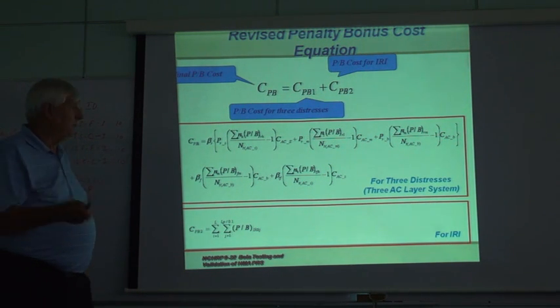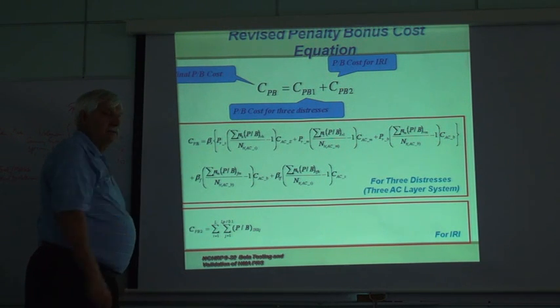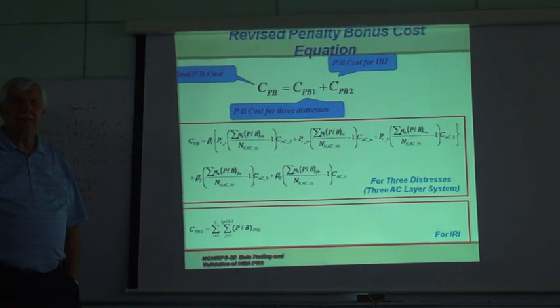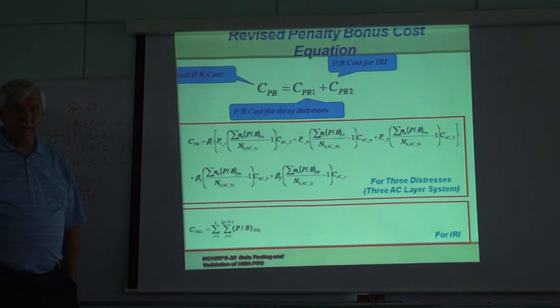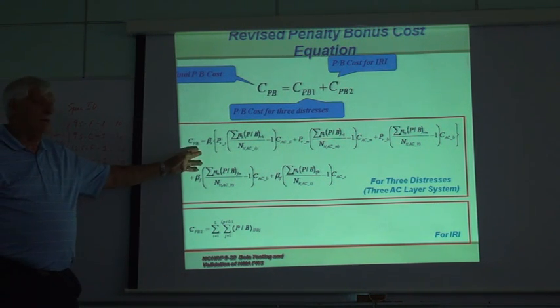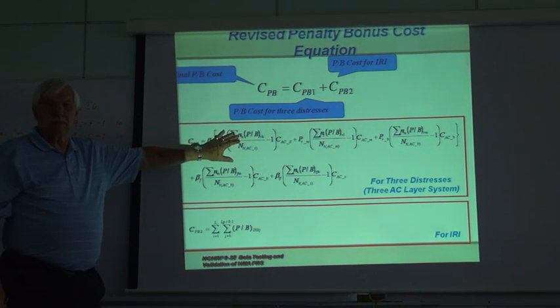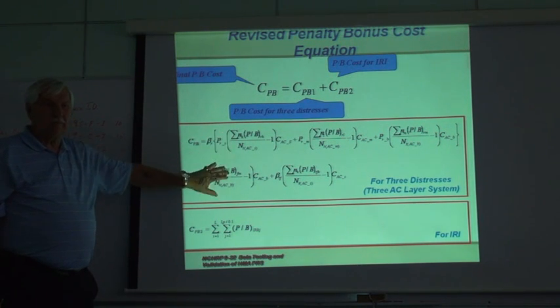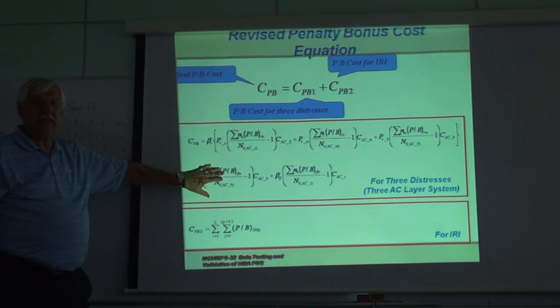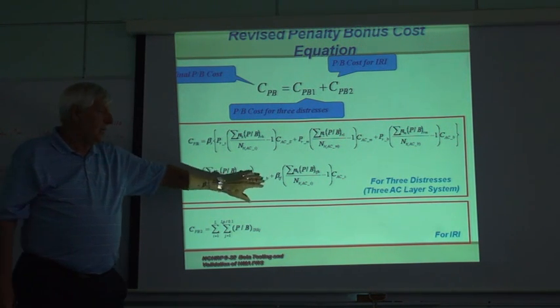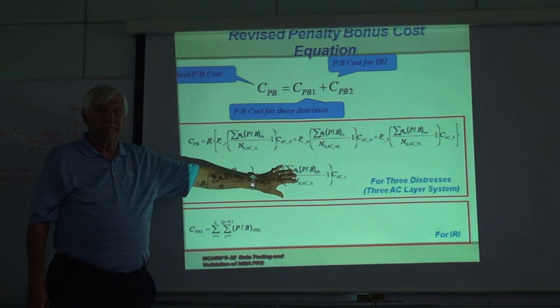What becomes important here is these little beta factors. They represent the agency's attitude as to what percentage I want to put on rutting distress, what amount of money I want to penalize or reward the guy if he gives me a good cracking pavement, and here for thermal cracking.